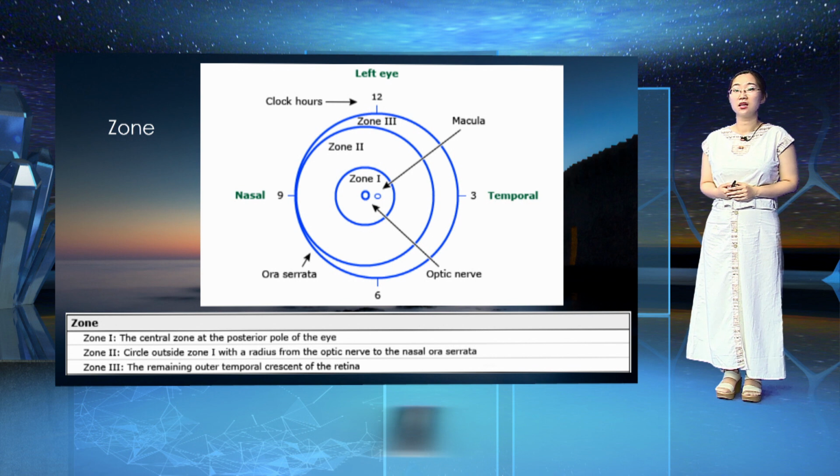Zone 1. The central zone and the posterior pole of the eye. Zone 2. Circle outside Zone 1 with a radius from the optic nerve to the nasal ora serrata. Zone 3. The remaining outer temporal crescent of the retina.